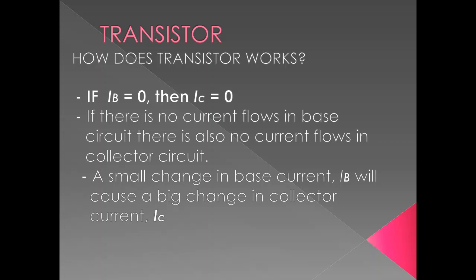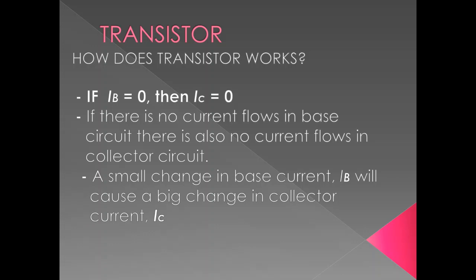This amount of current in the collector circuit, or IC, is much bigger compared to the amount of current in the base circuit, or IB. So in this case, if IB flows, then IC will flow. Therefore, we can say this transistor is on.